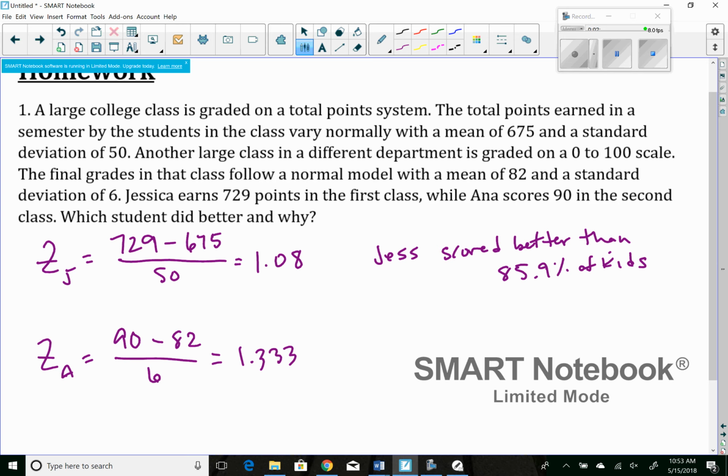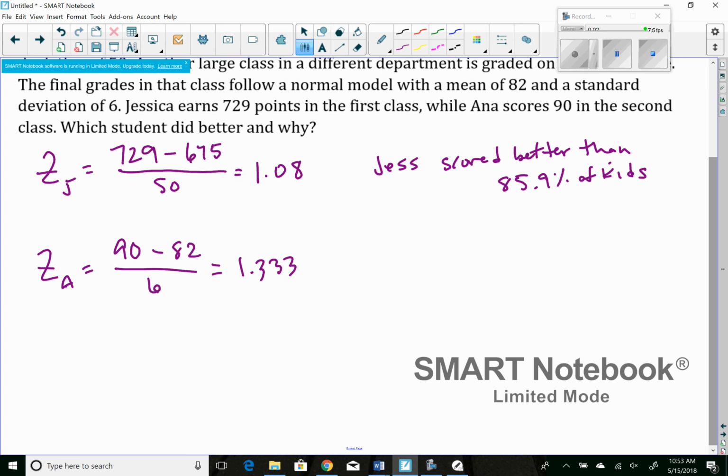So Anna is obviously going to do better here because she has a higher z-score, but we could find the normal CDF. So if we make the lower number -10, the upper number 1.333, we see that Anna scored higher than, we'll say, 90.9% of kids.